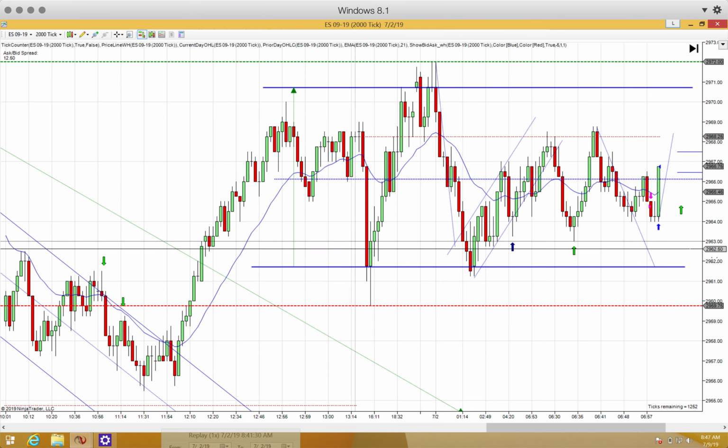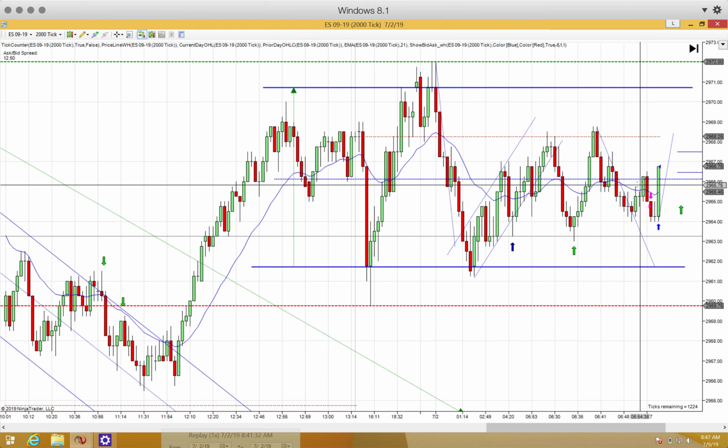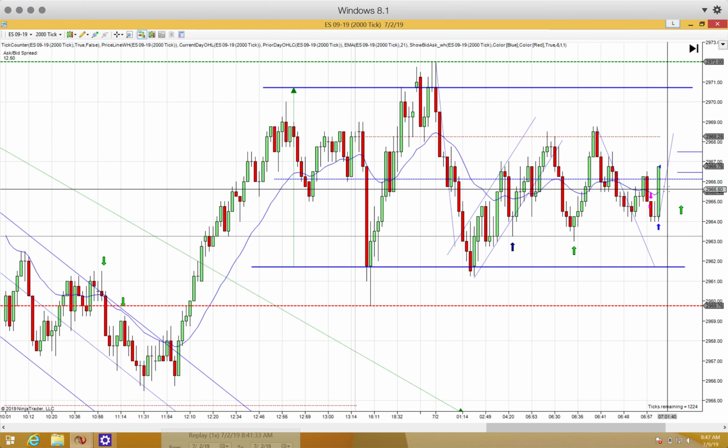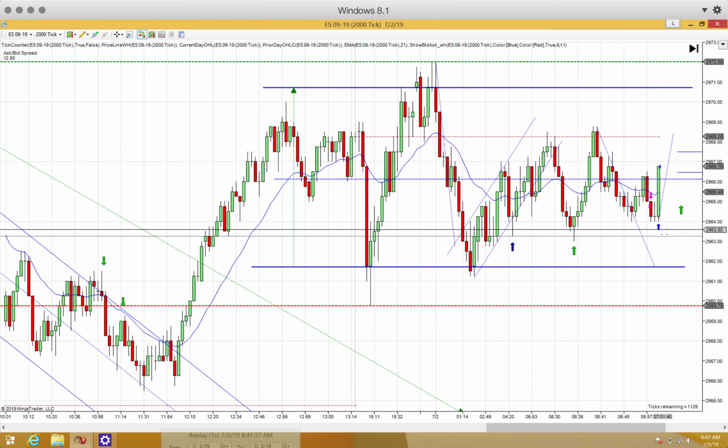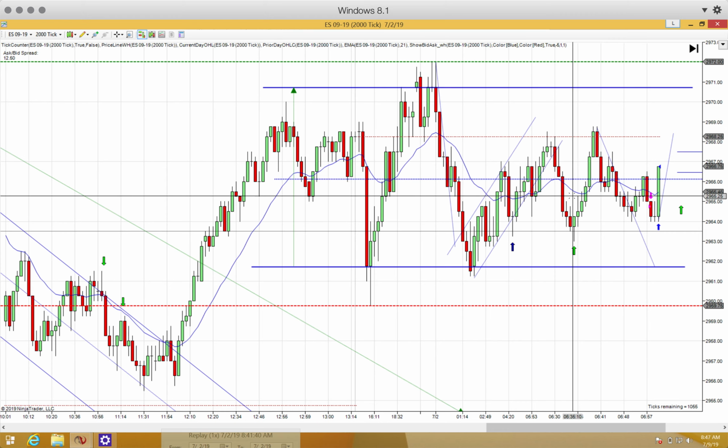But the lesson from this is early in the day, in the middle of the range, the last extreme we touched was the low. You're looking for it to come up to this line. Don't mess around with anything trying to come down to this side. There wasn't even really an entry with this.